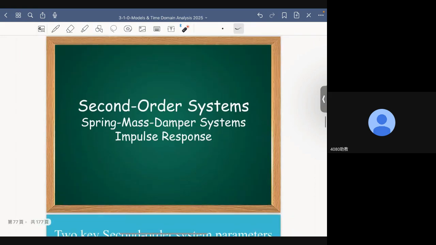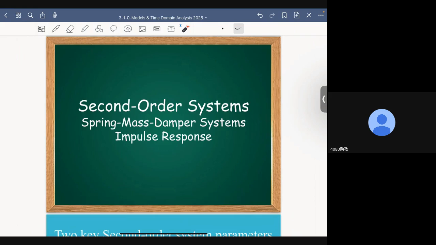All right, let's go one step further. What we have just done is discuss how we generate the zero input response of the system, and essentially we studied the zero input response and discovered that its patterns can be divided into three cases.